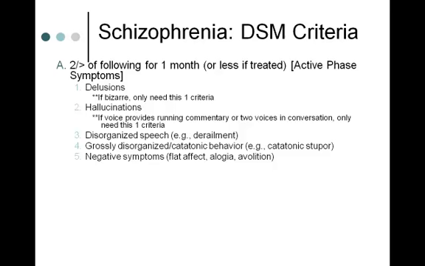Okay, and so because all those things, flat affect, alogia, avolition, are negative symptoms, then hopefully you realize that all the other stuff that are active phase symptoms we call positive symptoms, right? And when we talk about positive and negative symptoms, that comes from the idea that the positive symptoms are whenever there's extra stuff.